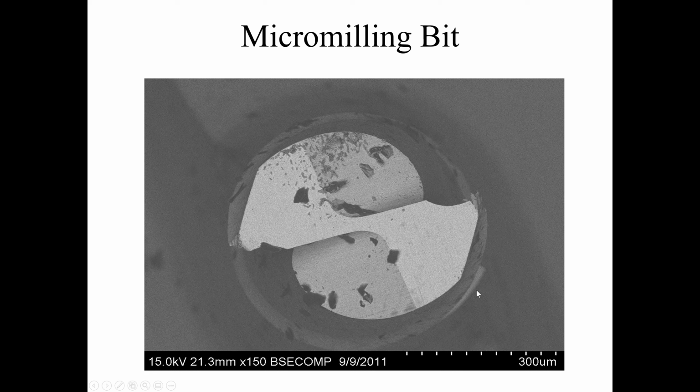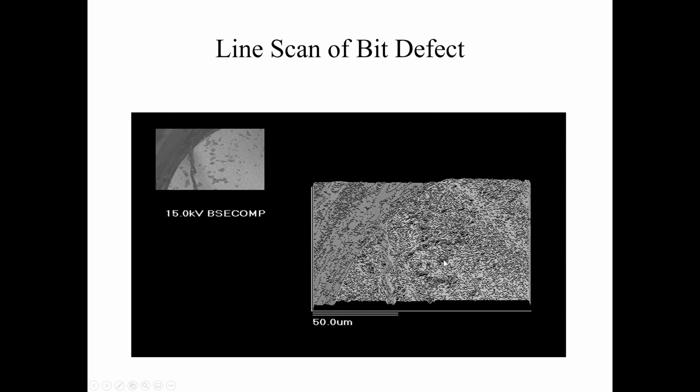So roughly this drill bit is 300 microns across. The whole image is about 300, 600, 900. Half of this bar is 150, another half is 75. Micro is millionth of a meter.